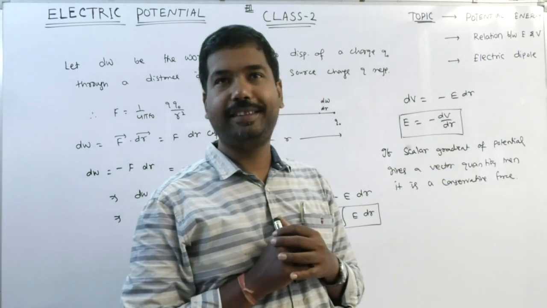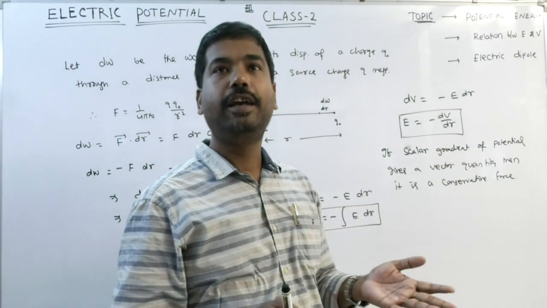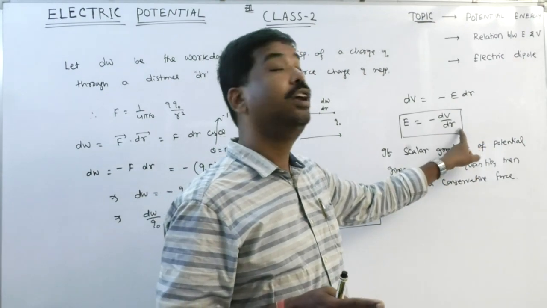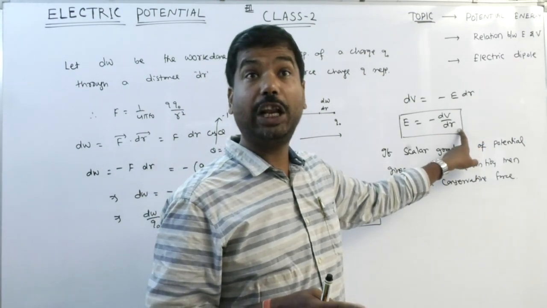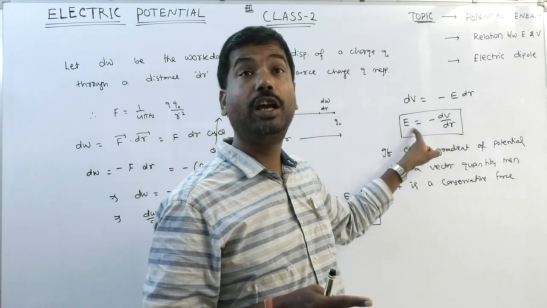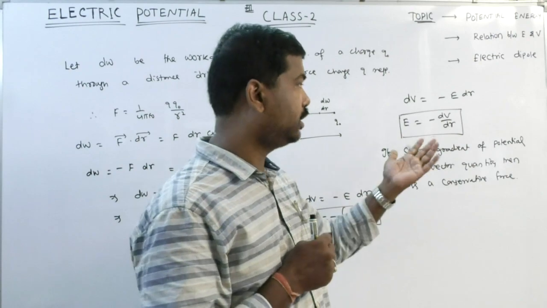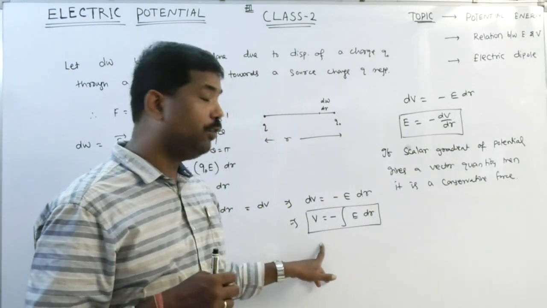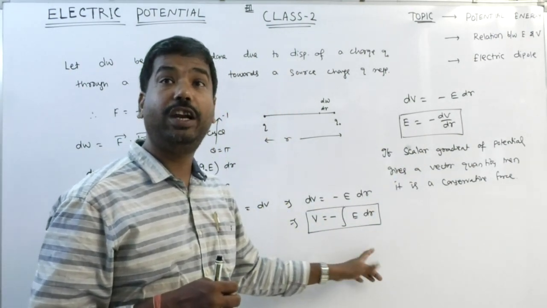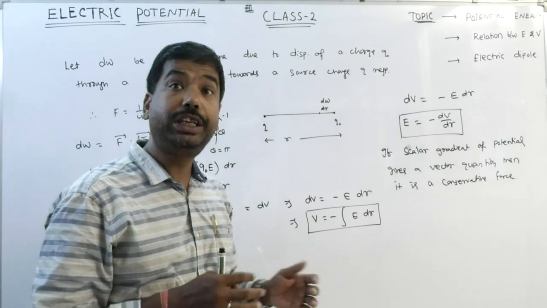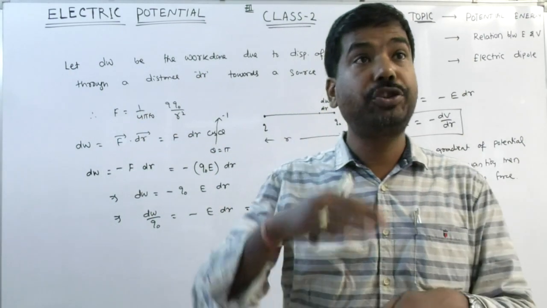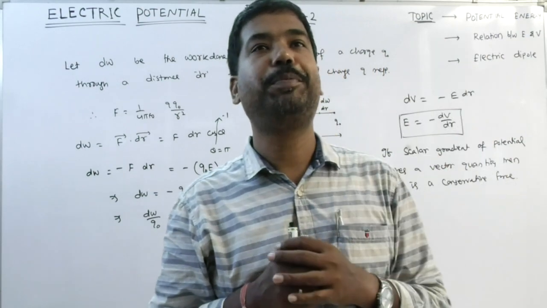So, is electric field a conservative field? Yes, because when we take the negative scalar gradient of electric potential, it gives an electric field, which is a vector quantity. Clear? Next, we can check. Whenever we take the line integral of electric field, it gives a potential. It means it depends upon the initial and final positions and does not depend upon the path followed.